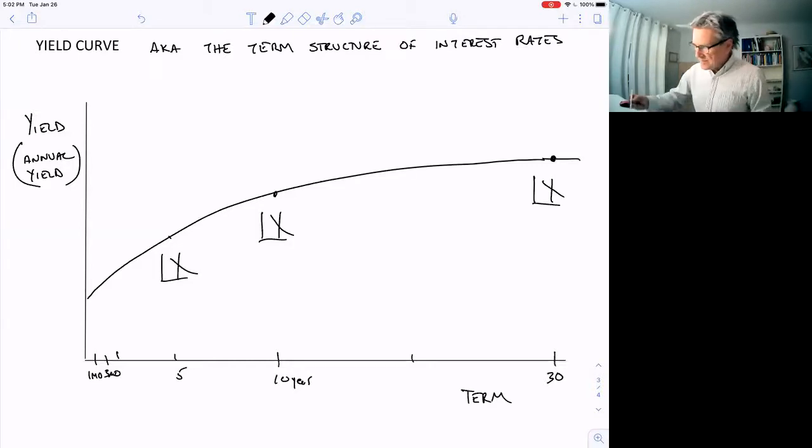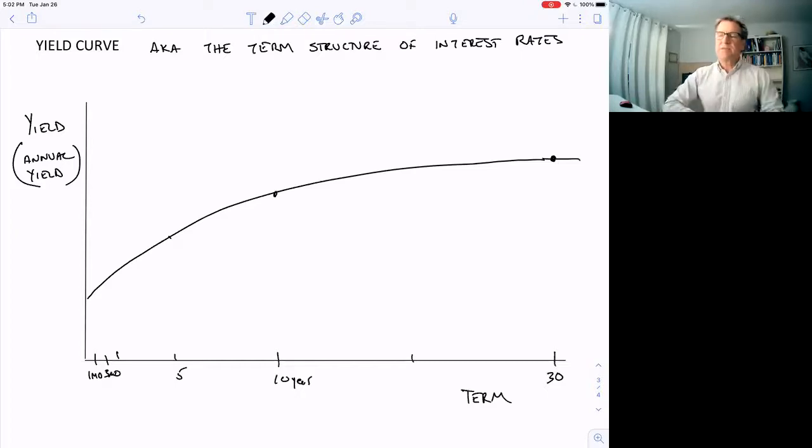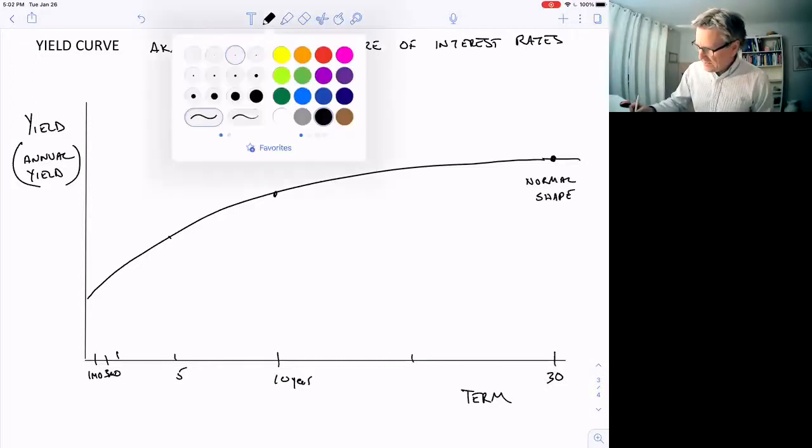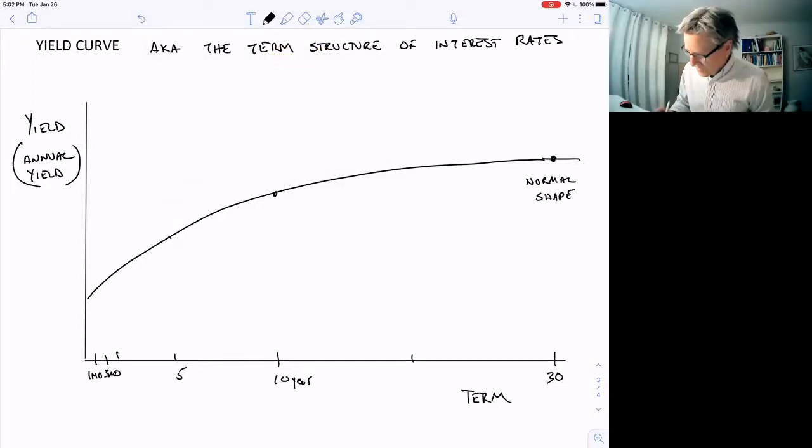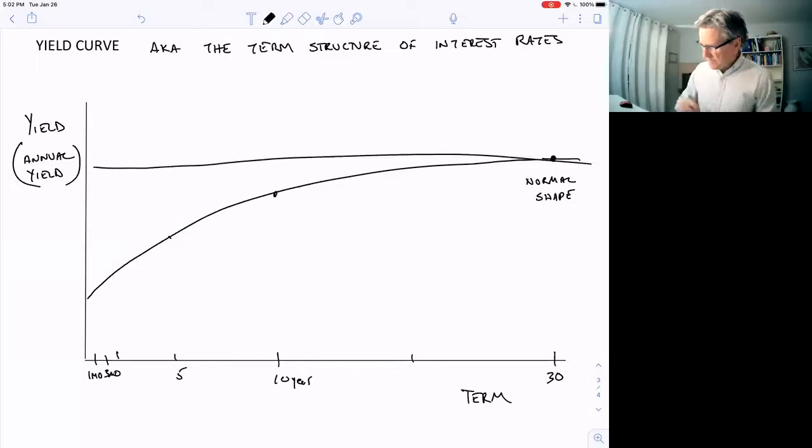Now, this is the usual shape of this yield curve, but sometimes the steepness will change. The bond prices are always changing every day, and sometimes it'll flatten out. So this is the normal shape. And occasionally, this curve will flatten out and essentially become kind of flat.